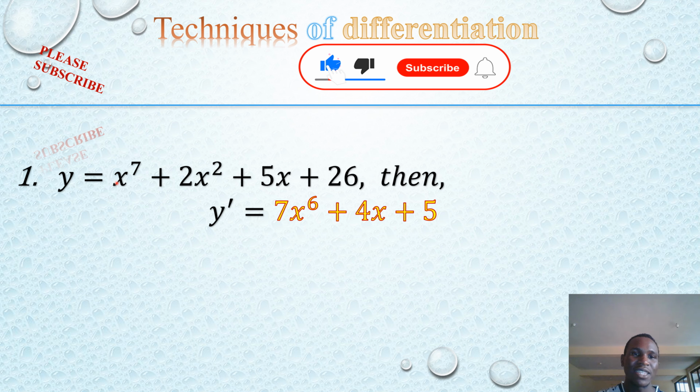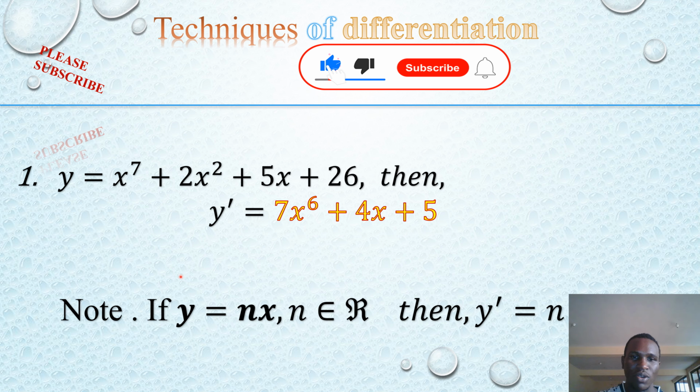You can also apply that technique here because the coefficient of this term, x to the power 7, is 1. So it will be 7 times 1, which is 7. Then we reduce the power by 1, it becomes 6. So now understand this.